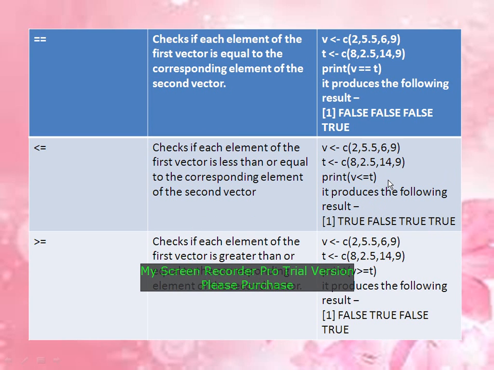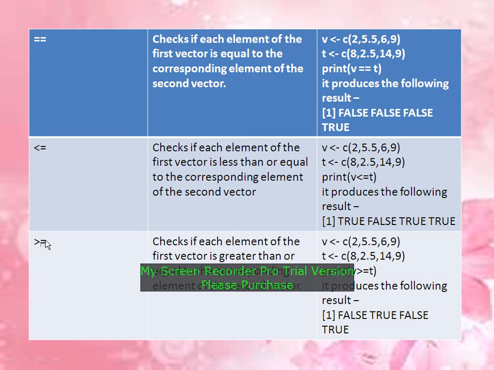If that is true, then it can produce true. If less than is false but equal to is true, then also it is true. So here less than is false for 9 and 9, but equal to is true, so the result is true. But here less than is true, so true. So if either less than or equal to is true, the result is true.